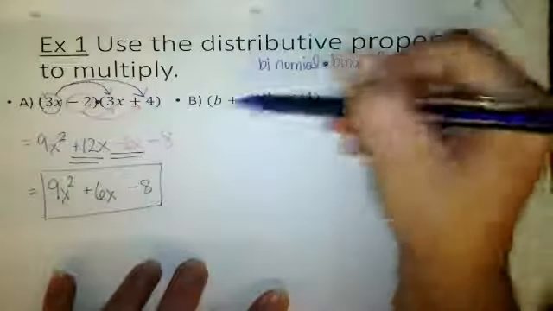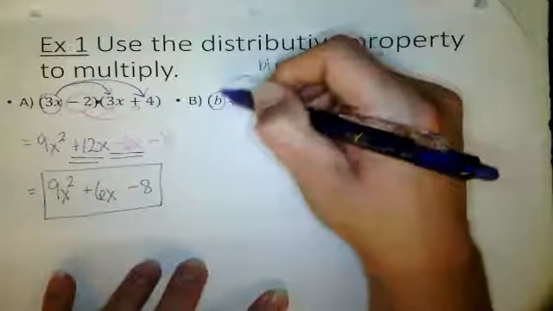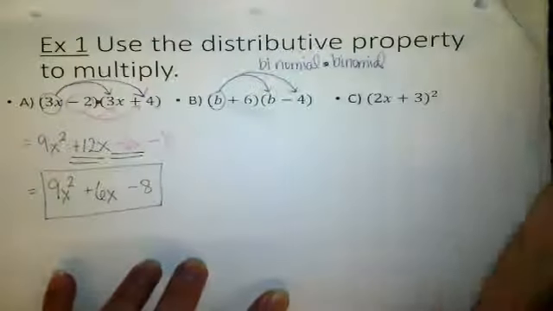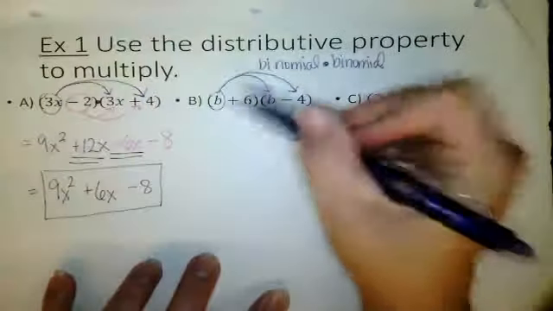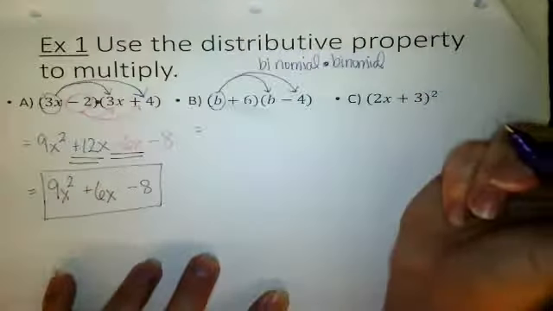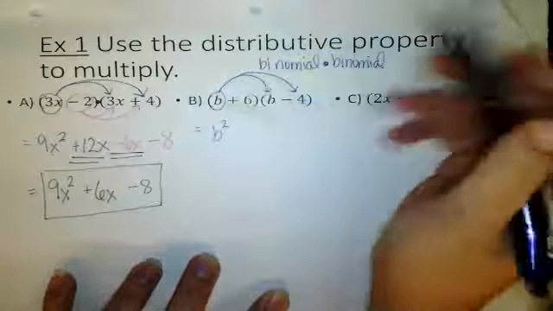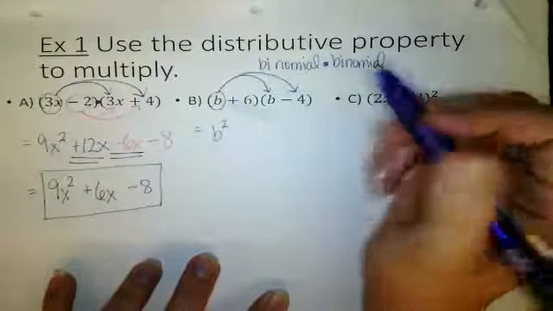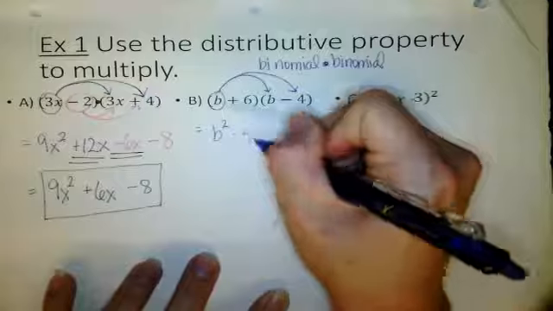Okay. So same thing, binomial times binomial. I'm going to take the b and distribute it to both terms. So we're going to multiply. B times b is b squared. And b times negative 4 is what? Negative 4b. Thank you.